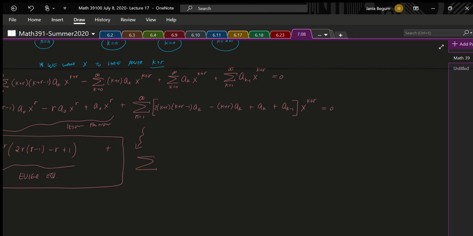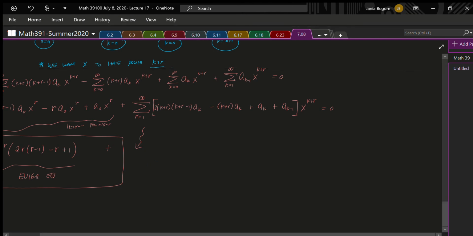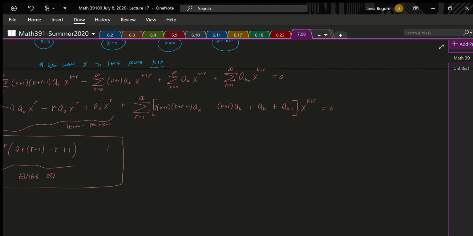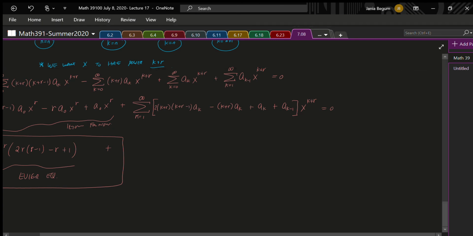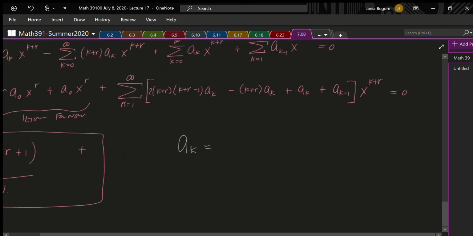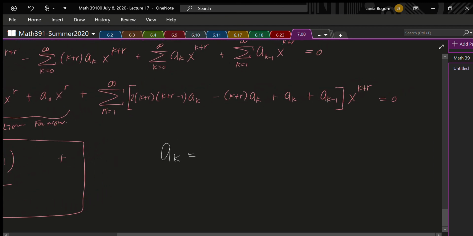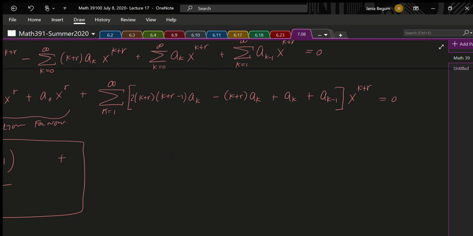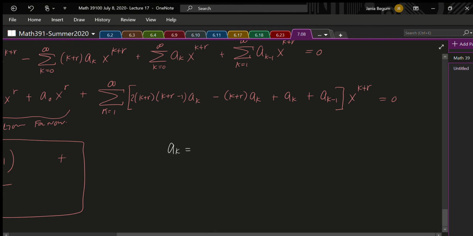So the coefficients of x to the k plus r, we set equal to 0 and solve for the highest subscript, which would be a sub k. So a sub k, what is that going to be? We have a sub k appearing 3 times. So a sub k is going to be minus a sub k minus 1, divided by the other coefficients.